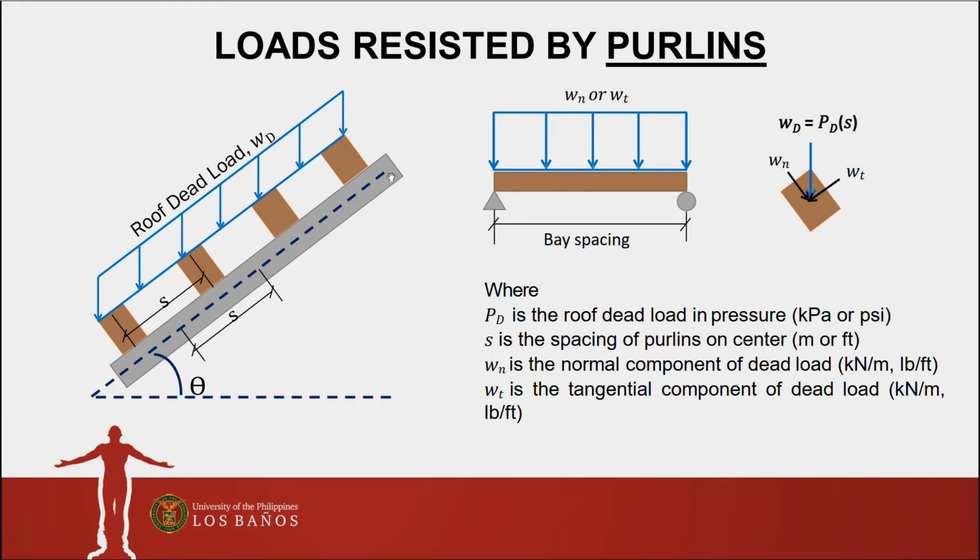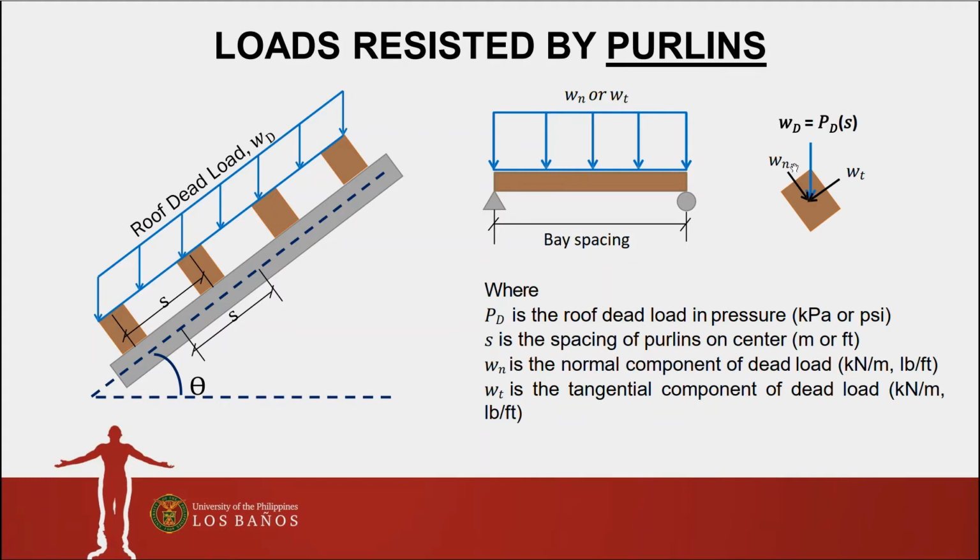Since the gravity load does not act on the normal axis of the purlin, since the purlin is rotated due to the roof pitch angle, we need to determine the components of the roof dead load perpendicular and parallel to the cross section of the purlin.